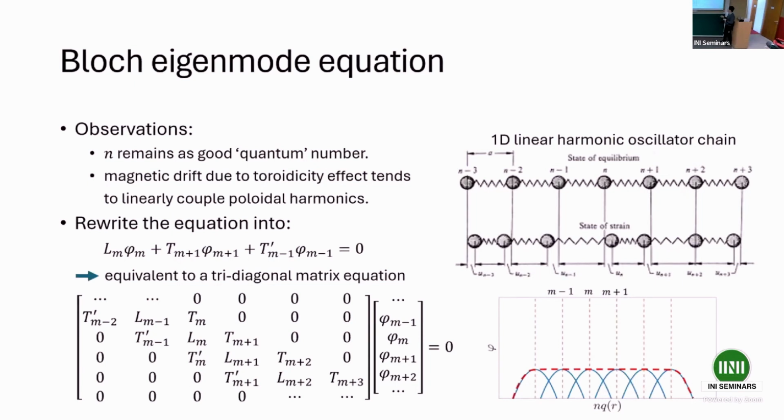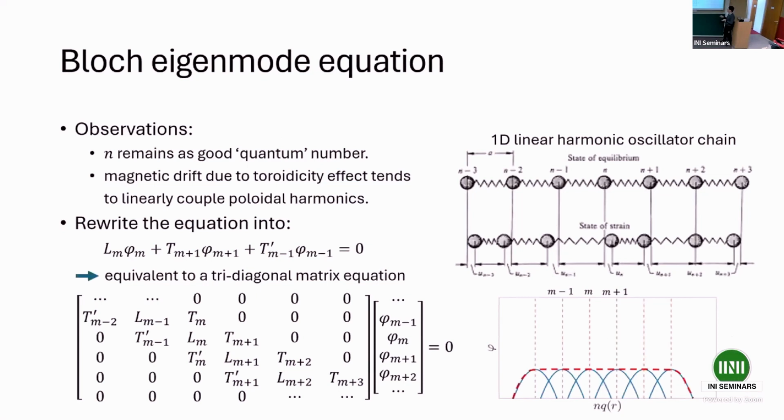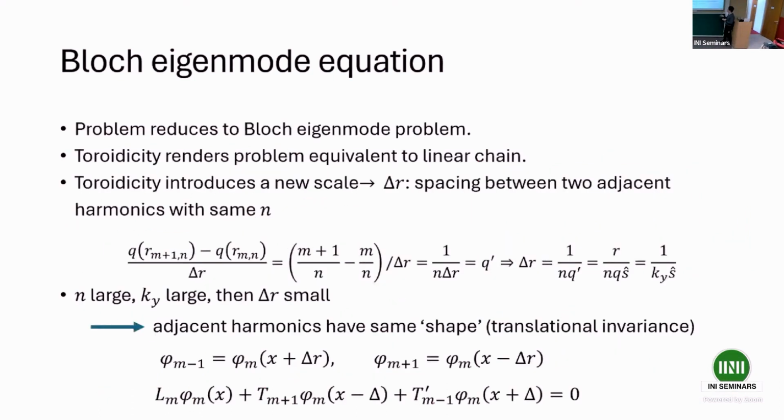We can simplify that equation. We can rewrite it in a more compact form, which is very similar to the 1D linear harmonic oscillator chain. So we can solve them analytically, and so the problem reduces to the Bloch eigenmode problem in condensed matter physics, in which we solve the wave function in the periodic potential.